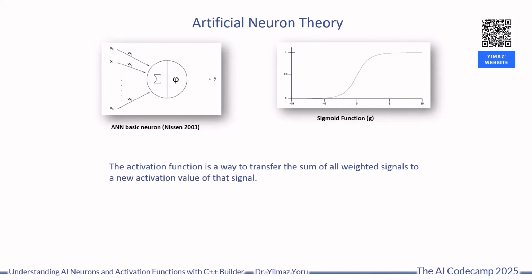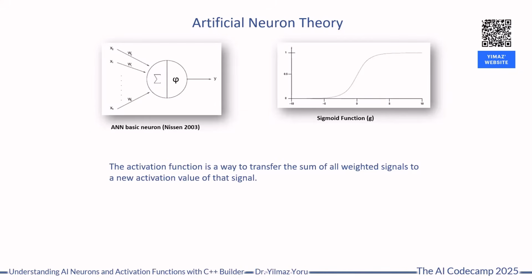Here the net input function is the sum of the signals with their weights, and the activation function gives a new value of this sum with the given function or conditions. In other words, the activation function is a way to transfer the sum of all weighted signals to a new activation value of the signal.